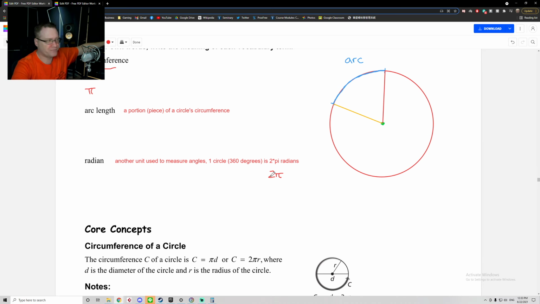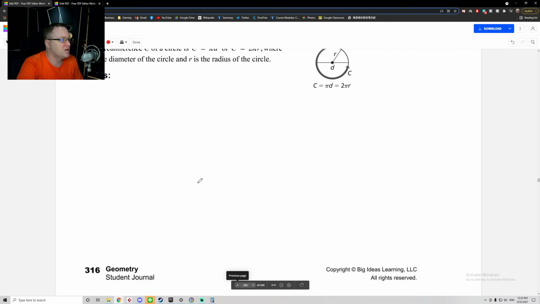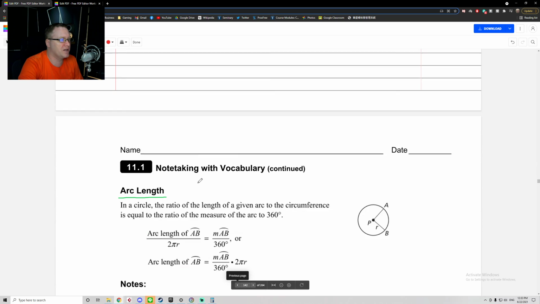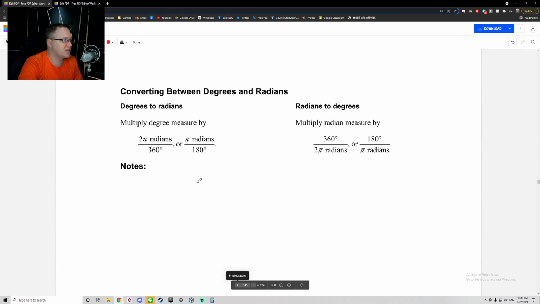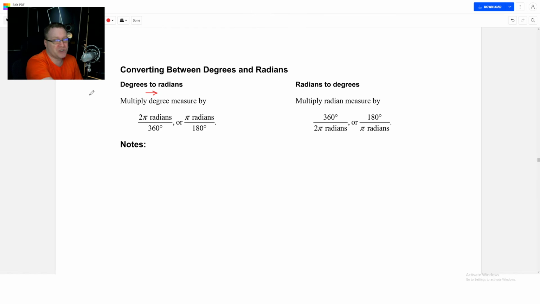So how do I go from degrees into radians or radians into degrees? Let's look at an example of how to do that. Well, we need to know this formula. If you know degrees and you want to change into radians, we're going to use this rule.